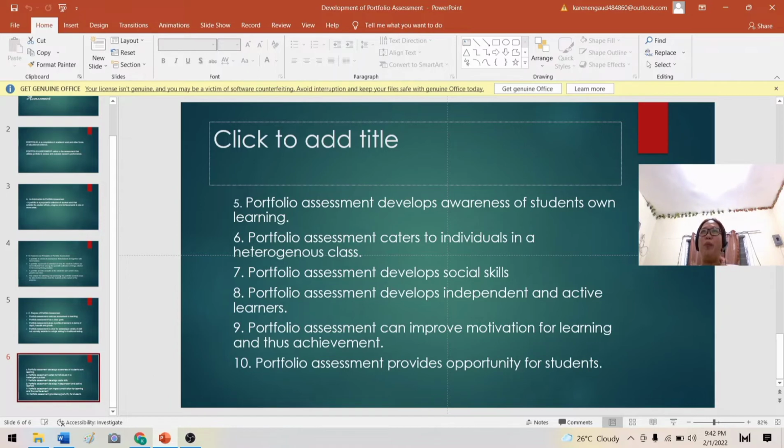Like for example, 'di ba when we get a low score, nagtatanong tayo sa ating mga kaibigan or sa ating classmates na, "Uy, ilan yung nakuha mo? Bakit ganito pala?" So, you interact with your peer or your classmates.